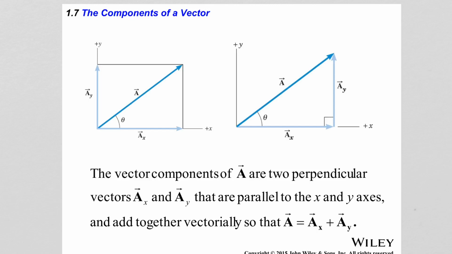Here I need to also state that any vector translated parallel to itself in space does not change, meaning the direction remains the same since it's parallel to itself, and of course it is not scaled up or down since it's only translated parallel to itself, so therefore the vector remains the same. That's what I used to move vector ay from here to here to overlay with the y-axis. And so then, by the rules of vector addition, I can say that vector A is equal to the sum of its vector components ax and ay.